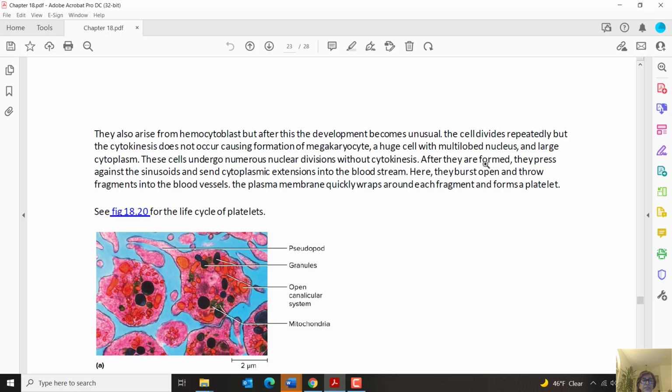After they are formed, they go to the sinusoids, they press against the sinusoids, and then they send cytoplasmic extensions, pseudopods, into those gaps in the membrane of the blood vessels. And then once they move in there, they are shredded into little pieces as the blood flows. Then these fragments become platelets.